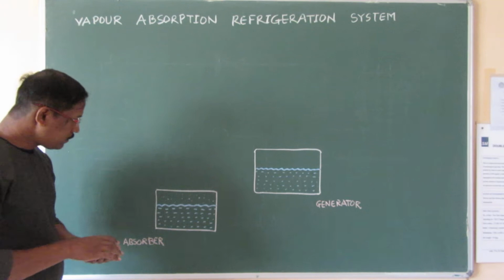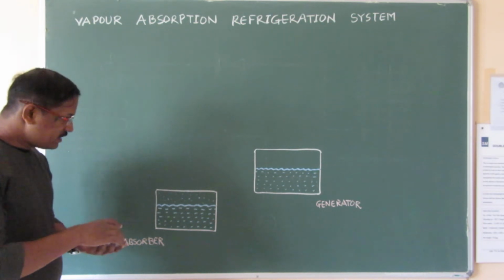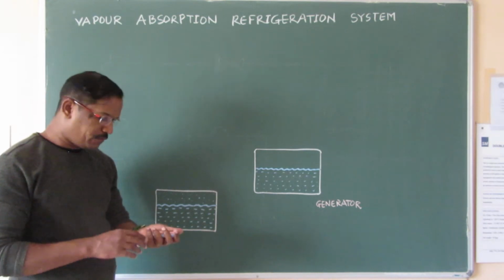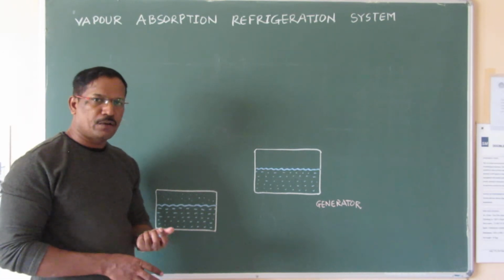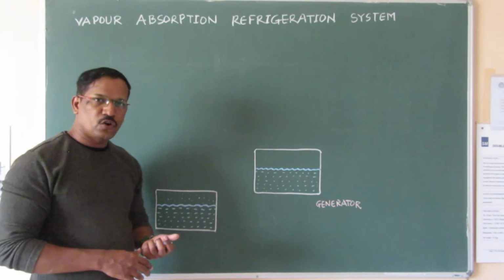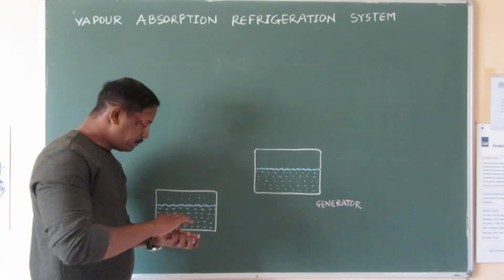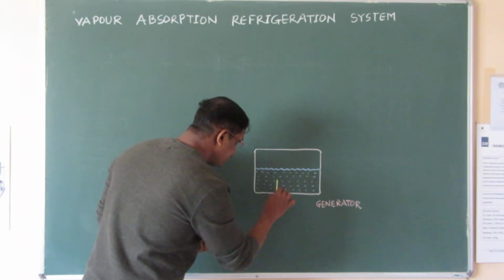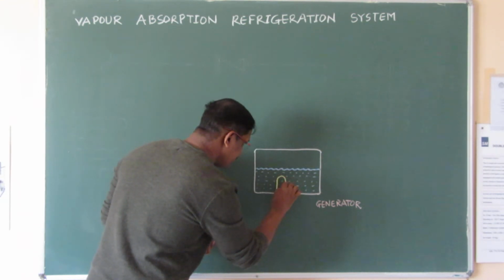Now in a generator we have to provide heat by burning any fuel or by providing a heating coil. Suppose this is a heating coil, an electrical kind of heater.